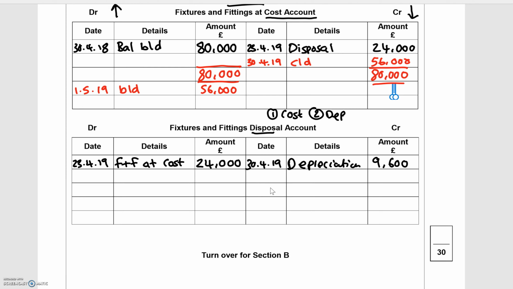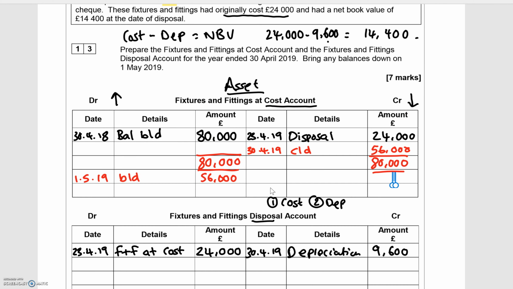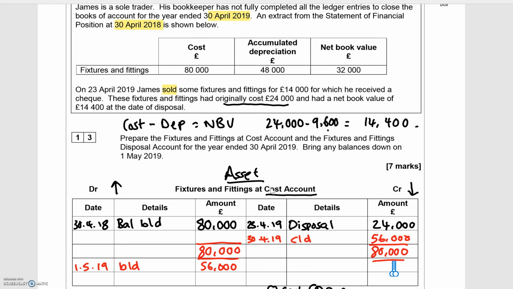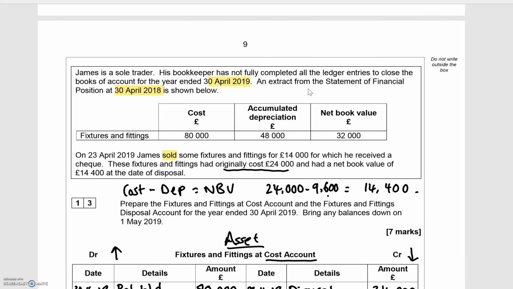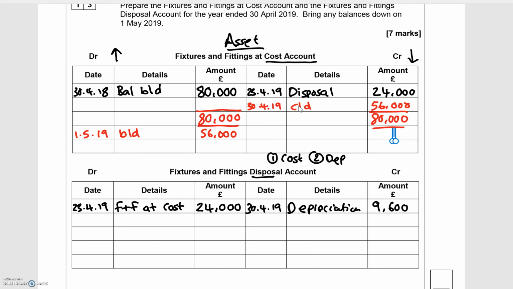But we should be able to work out whether we made a profit or a loss on what we have sold. Let's see how much money we actually received for it. The amount of money that we received is £14,000 by cheque. So you debit the bank and therefore you credit your disposal account. Your bank here is £14,000. By looking at the figures, this adds up to £24,000, and this adds up to £23,600.